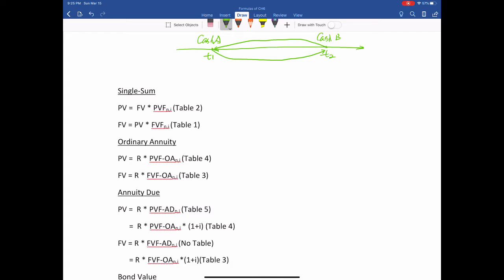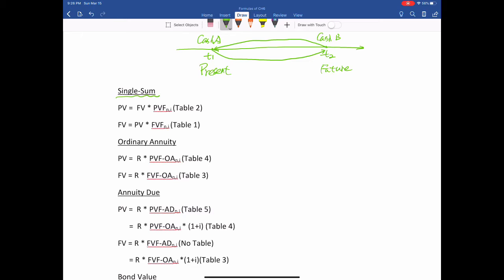In this example, it is a single cash flow. From T2 to T1, we calculate the present value. From T1 to T2, we calculate the future value. So we can define T1 as present, T2 as the future.